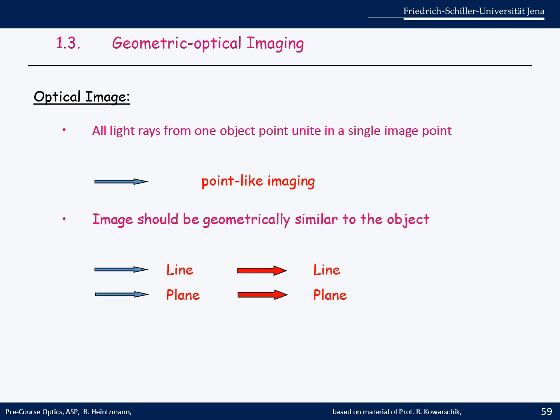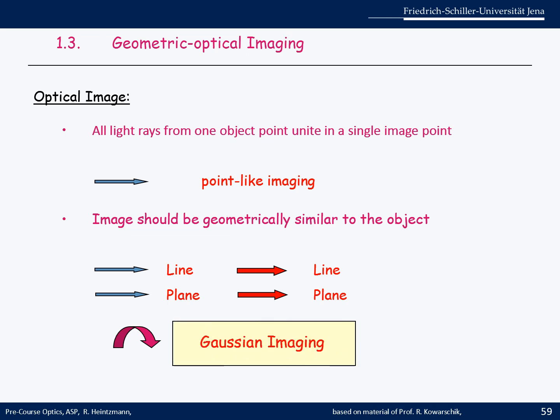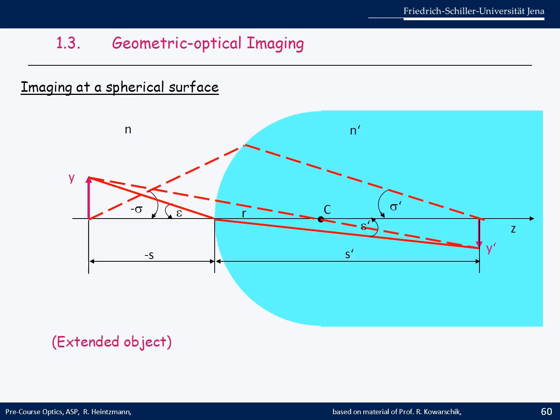You call this point-like imaging. The image should also be geometrically similar to the object, which is a condition so that you can define it as imaging. That means a line should become a line and a plane should become a plane. This is called Gaussian imaging if you fulfill these conditions.